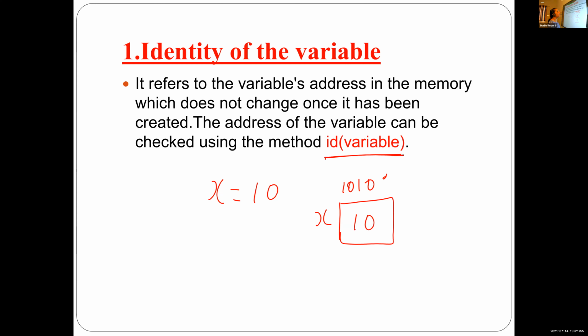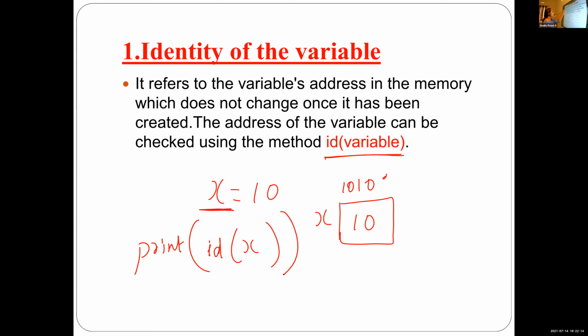If you want to know the address of x, what do we write? id within brackets, write x. Print id of x means the address of x is printed.